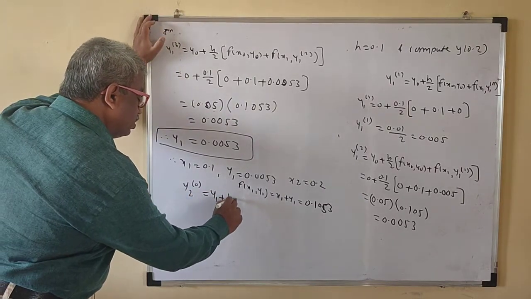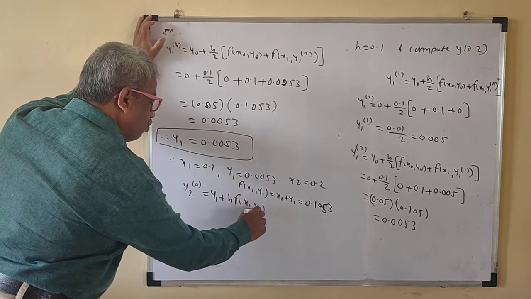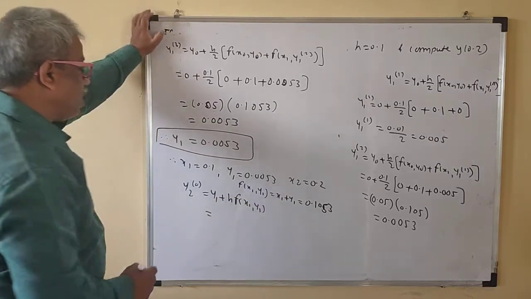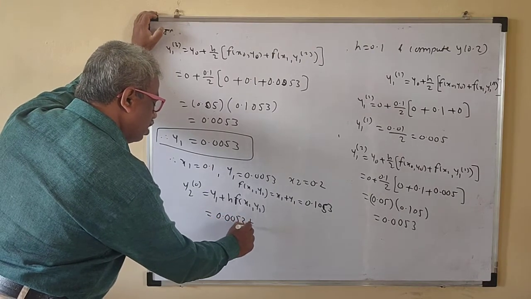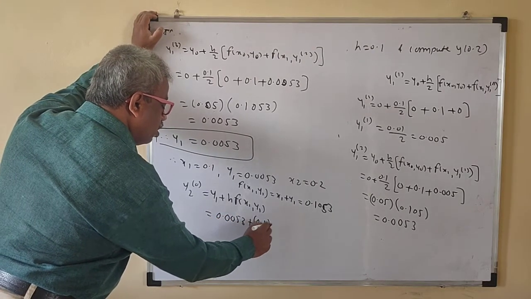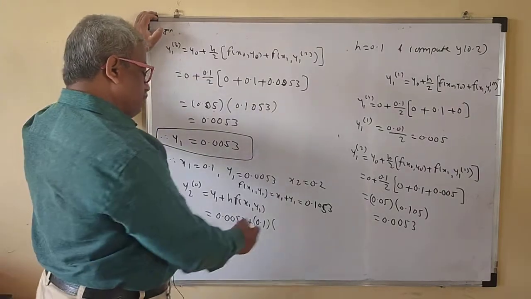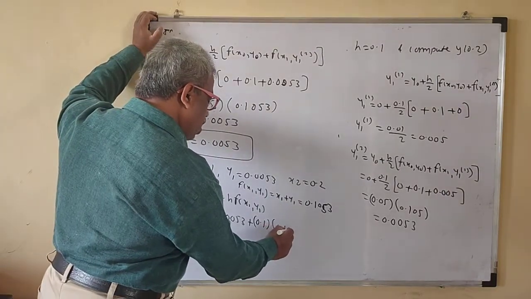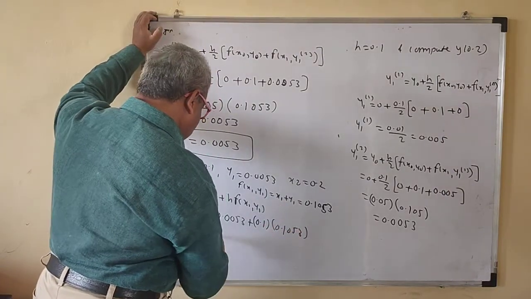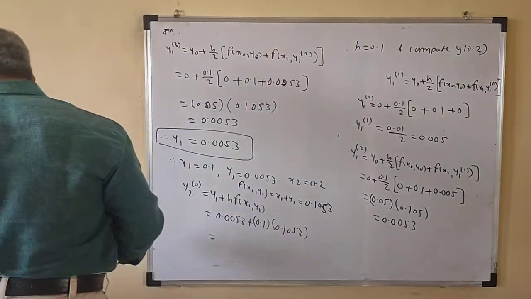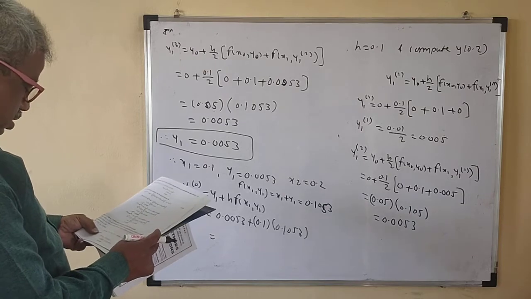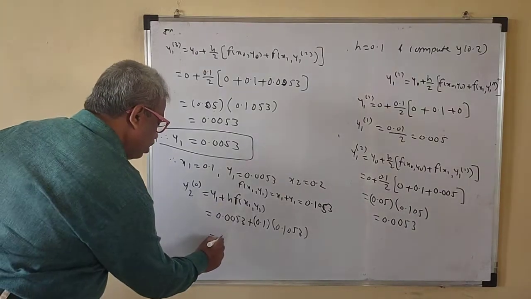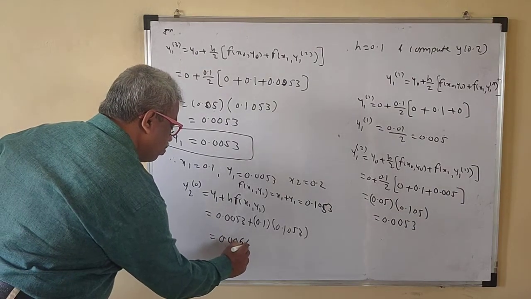So y2 of 0 is y1 plus h f of x1 y1. What is your y1? y1 is 0.0053 plus 0.1 into f of x1 y1, which we have just calculated, 0.1053. Now with the help of the scientific calculator you can find the value of this as 0.0064.